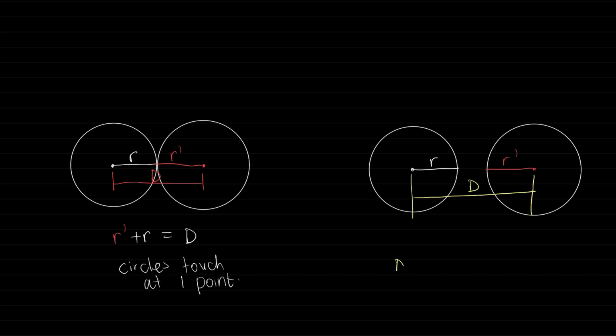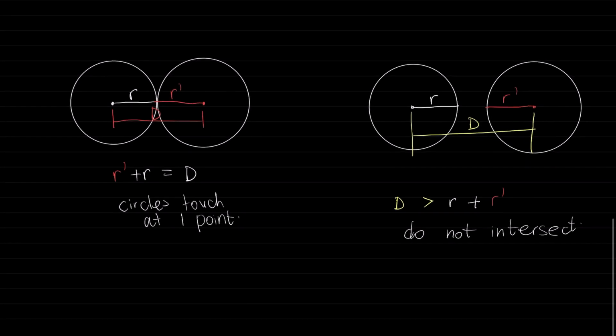So if the distance between the centers is greater than the sum of the radii, then the circles are not going to intersect. They do not intersect.